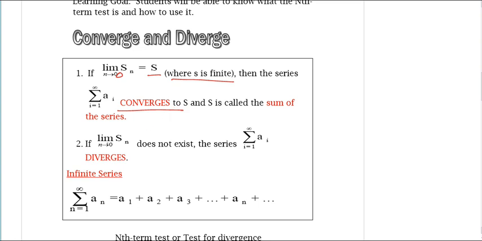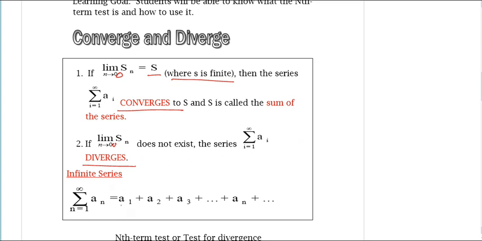If I have the limit as n approaches infinity of that same series s of n, and I add up the numbers and get some big number like infinity, then we say that the series diverges. So converge means I get a finite number when I add them up. Diverge means I get some huge number like infinity.